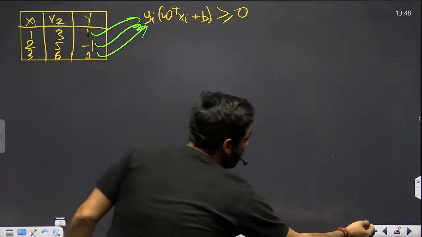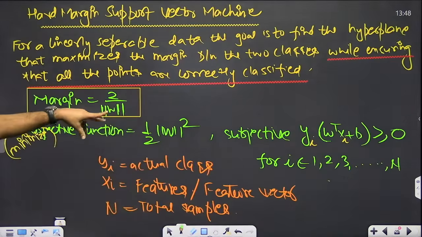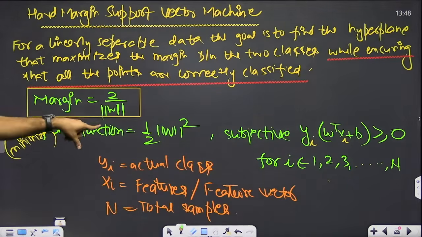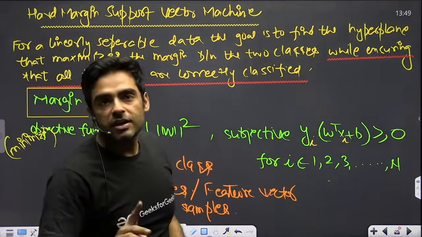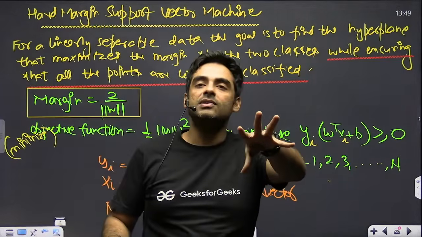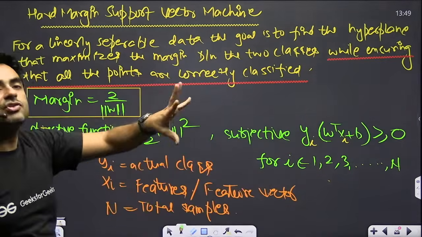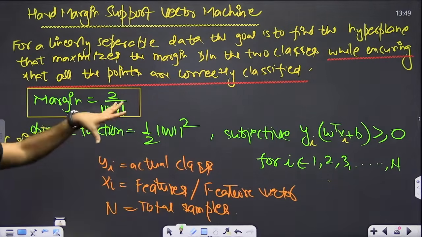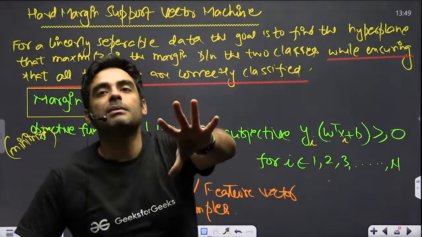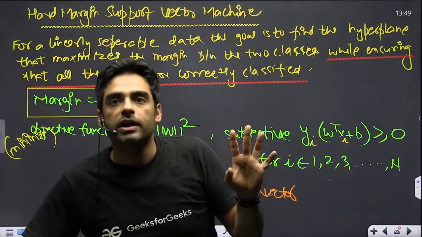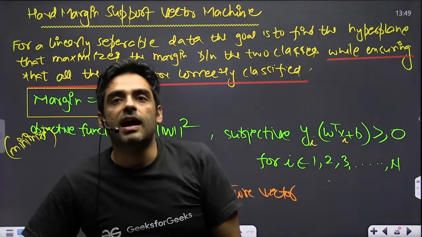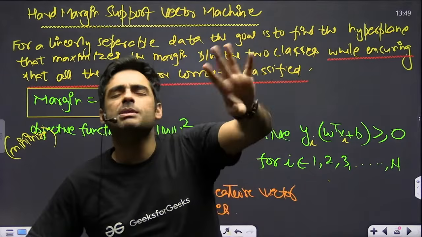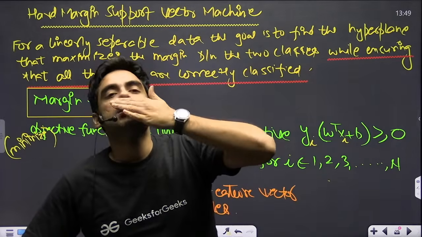Because hard margin says कि भैया मैं कोई भी misclassification allow नहीं करूंगा. तो generally you would be getting certain questions जहां पर वो खुद ही बोलेगा, the question would say it is a hard margin support vector machine, मतलब कोई भी misprediction नहीं है यहाँ पे.